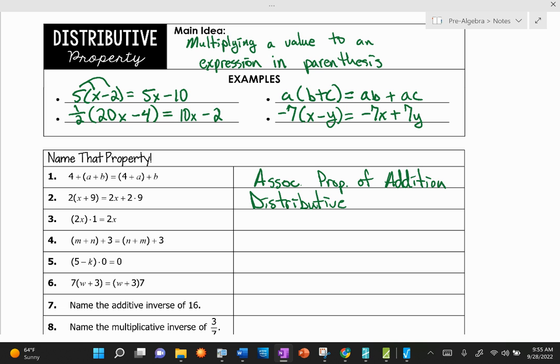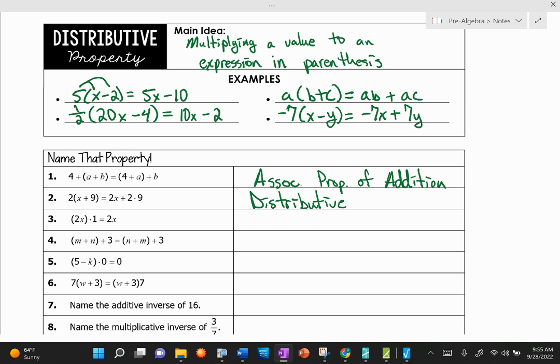Just distributive. I think it might be inverse.